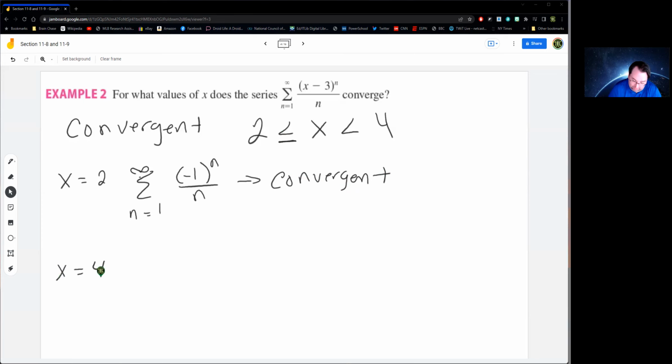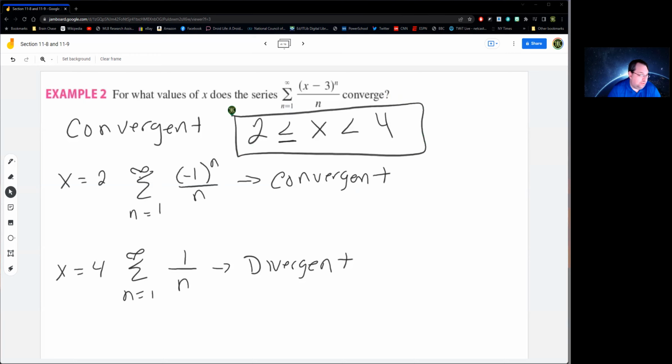If I plug in 4, I get 1 over n, which I know is divergent, because that's the harmonic series. So it's convergent during those values there, and would be divergent for everything else.